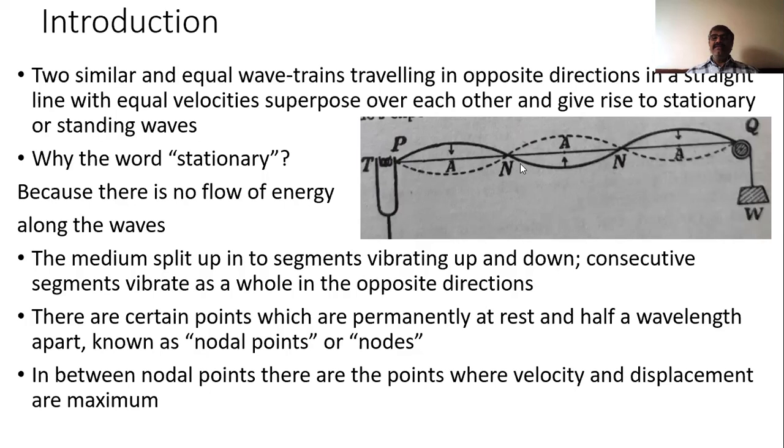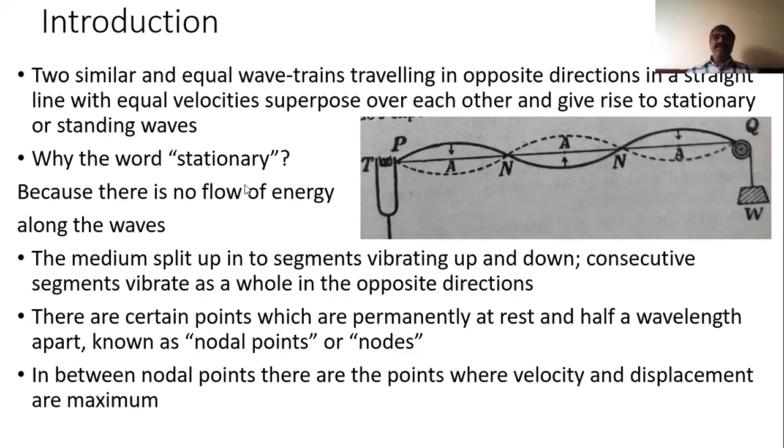In this pattern we find that at certain points the displacement of the particles is zero, and these are called nodes, and in between the nodes there is a point where the displacement is maximum, and that is called an antinode. Such a pattern is called a stationary wave.